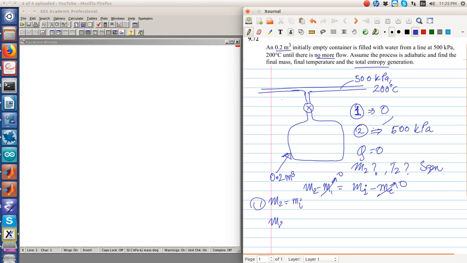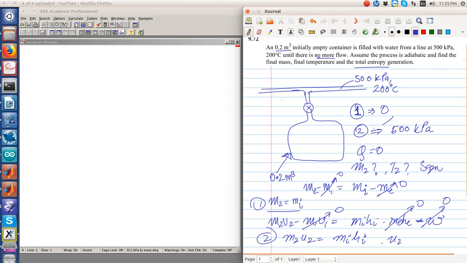Also m2 u2 minus m1 u1 equal to mi hi minus me he minus w. So there is no work extraction from the process, and there was no initial mass and there is no exiting mass. So m2 u2 equal to mi hi. If I use equation 1, then u2 equal to hi.